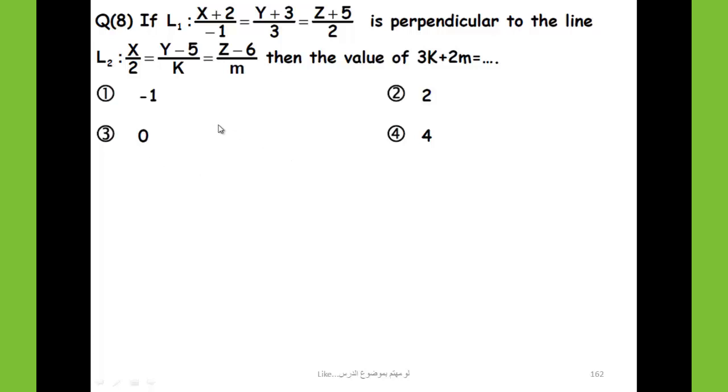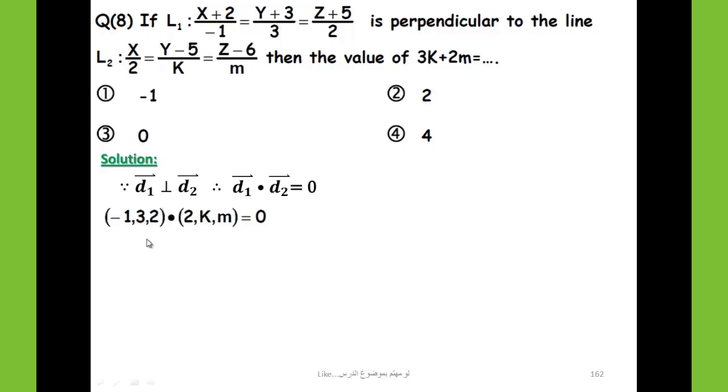So we have L1 perpendicular to L2. It means the direction vectors D1 and D2 are also perpendicular, so D1 dot D2 equals 0.